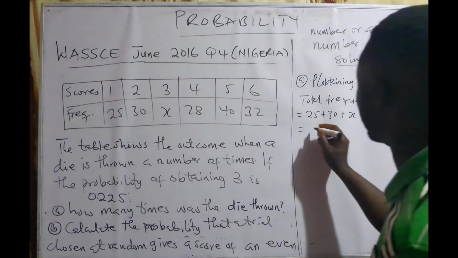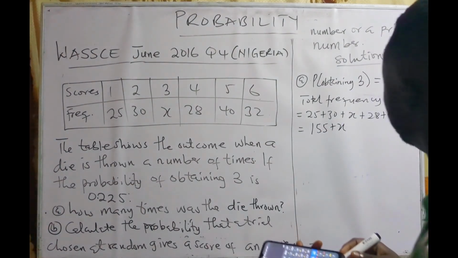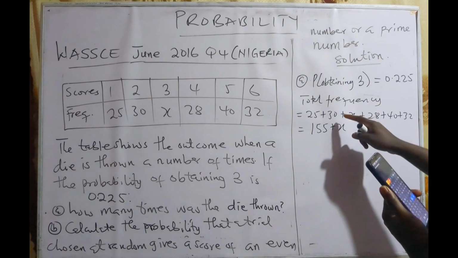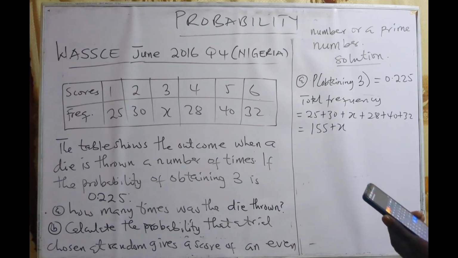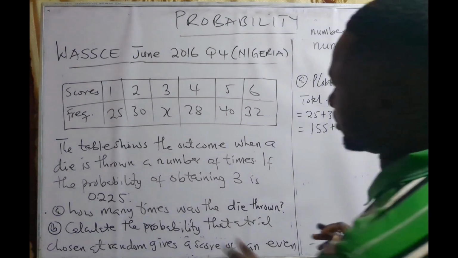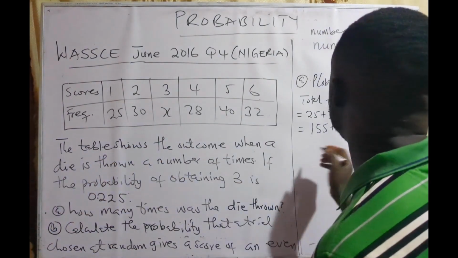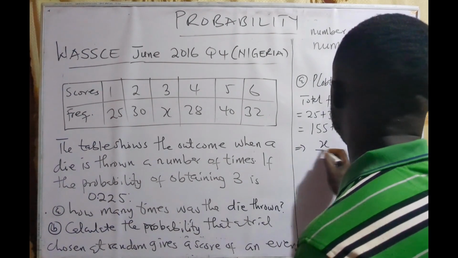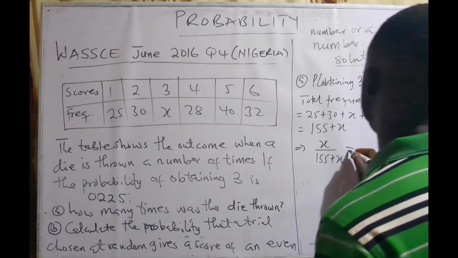That will give us 155 plus X. That is the total frequency. All right, and then the frequency of 3 is X. So it means that X divided by 155 plus X will be equal to what?